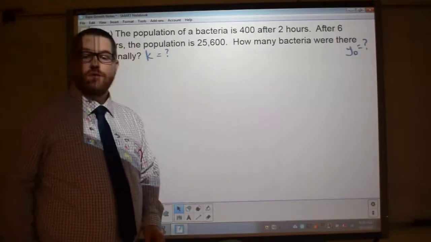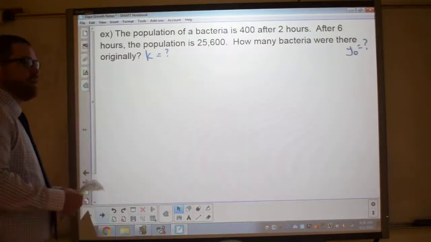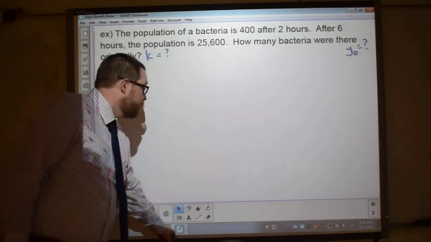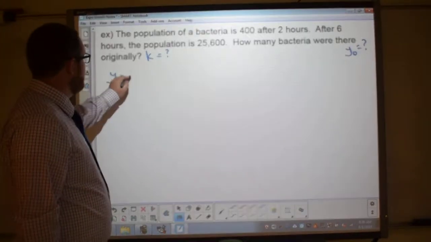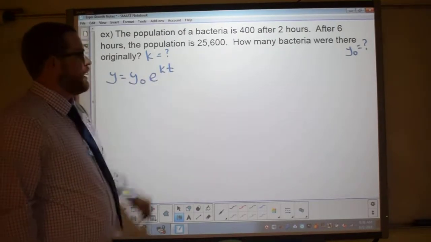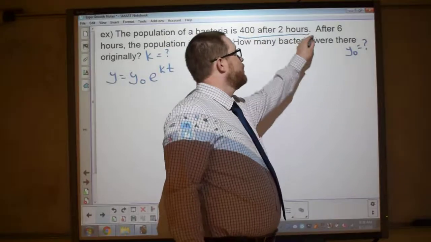I went ahead and did all of the arithmetic ahead of time. As you can see, this is going to be very, very arithmetic driven. I'm going to do some of this on the calculator, but sometimes I'm just going to tell you the answer. So let's start off with our formula. The final amount equals the initial amount, e to the rate times the time. So let's fill in two things we know. 400 after 2 hours.